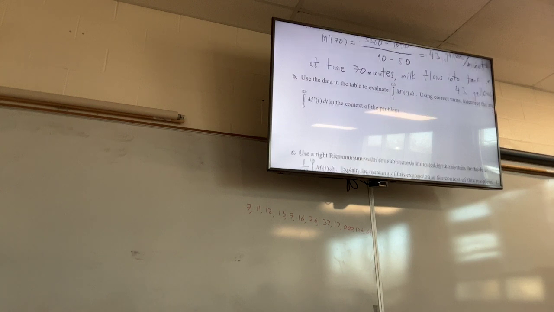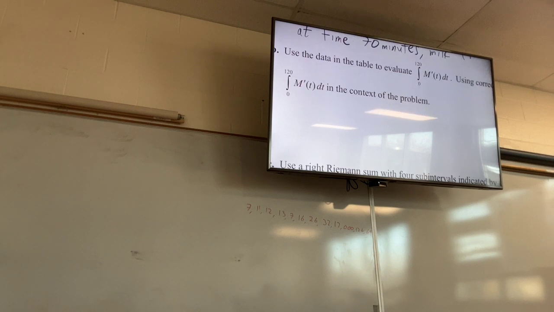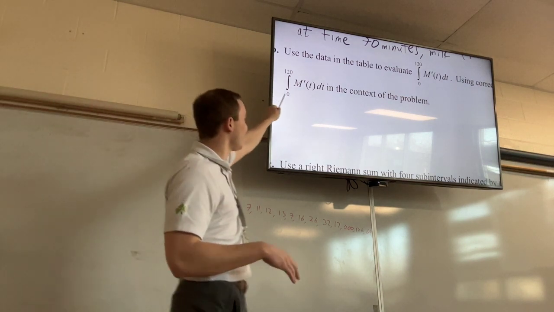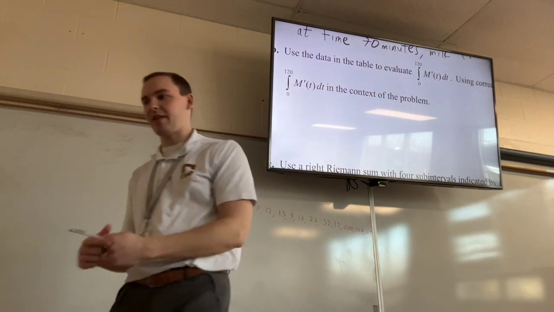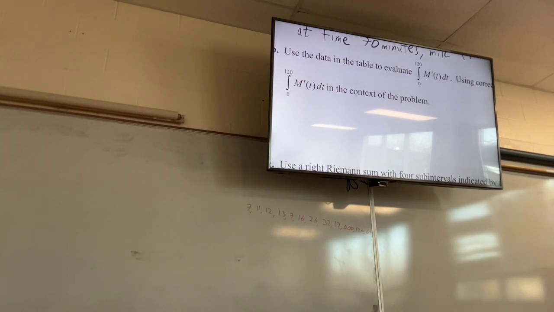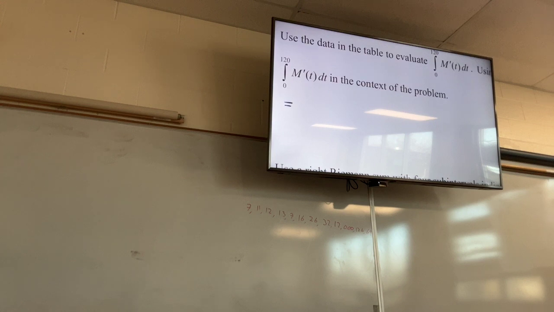It's actually pretty simple. How do you take this antiderivative? What's the antiderivative of M prime of t? Just M, right? When we do integrals, we take the antiderivative, and then we plug in the top and bottom numbers.